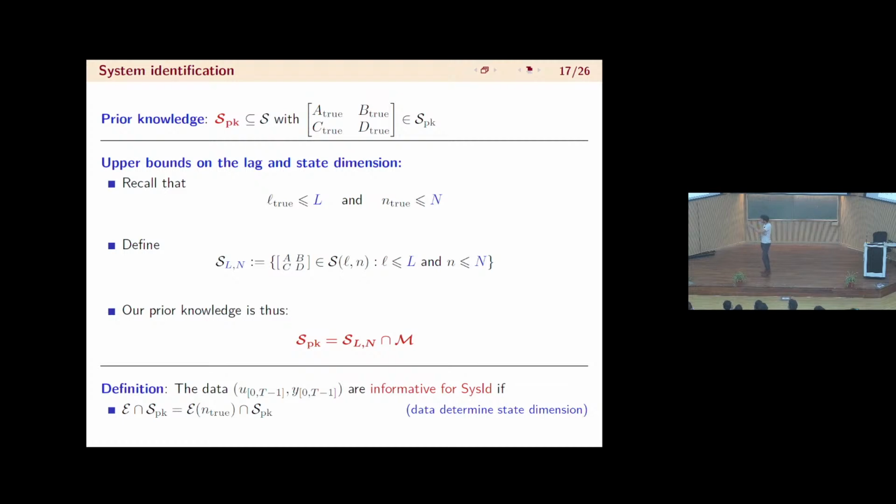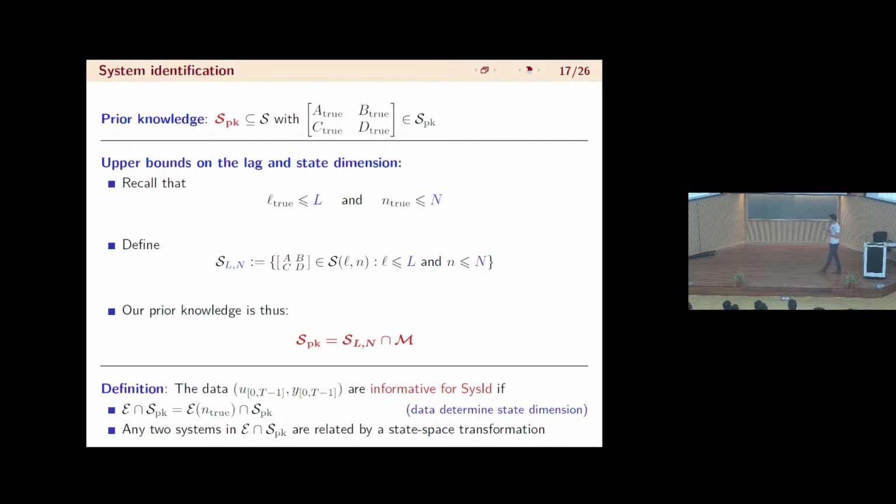So, all explaining systems which comply with the prior knowledge, so if I look at the intersection of explaining systems and the set of prior knowledge, all explaining systems that comply with the prior knowledge have exactly n true states. That's what the first line says over here. And since all explaining systems complying with the prior knowledge have n true states, I'm able to indeed identify n true from the input-output data.